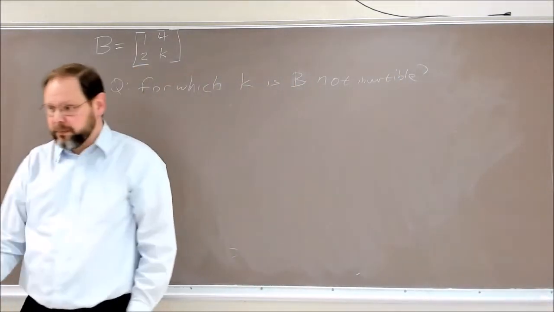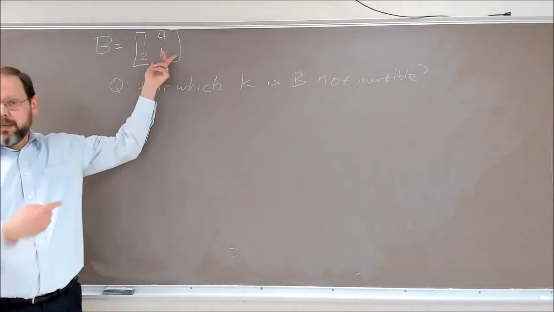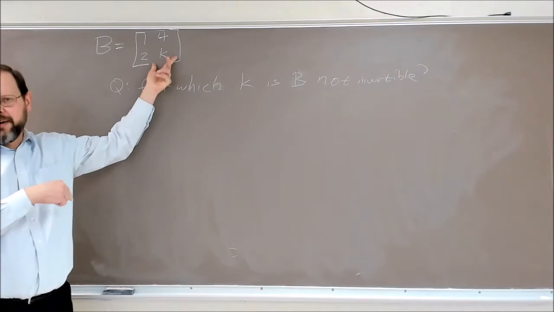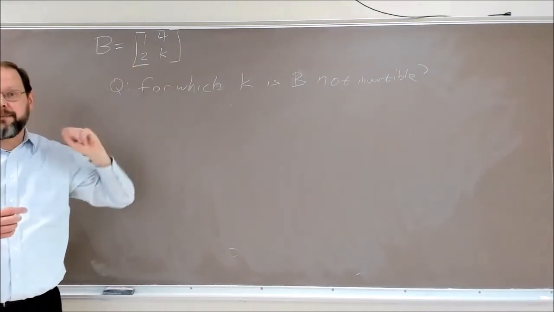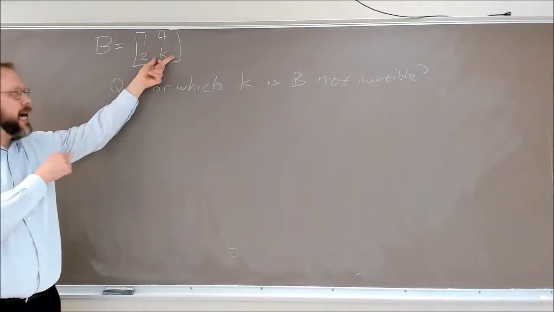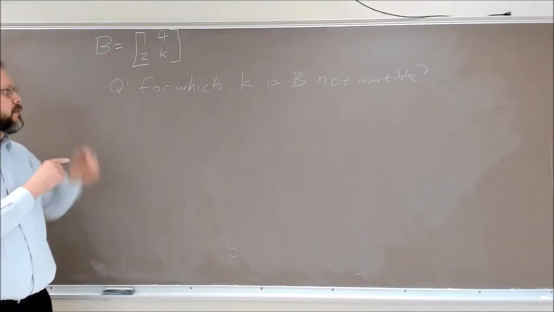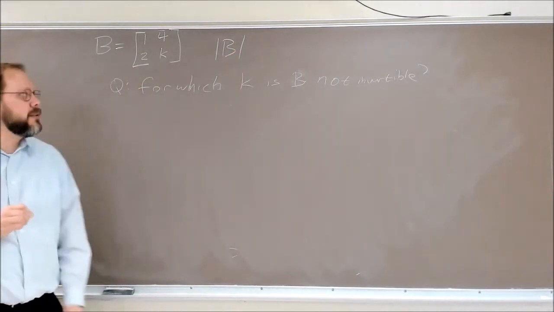Because we've talked about this, we did this back in chapter 1. I could use reduced row echelon form, or I could use row reduction to answer this question, but I want to answer it in a different way. For which values can I plug in for K to make the matrix B not invertible? And I could calculate the determinant of B to answer that question.